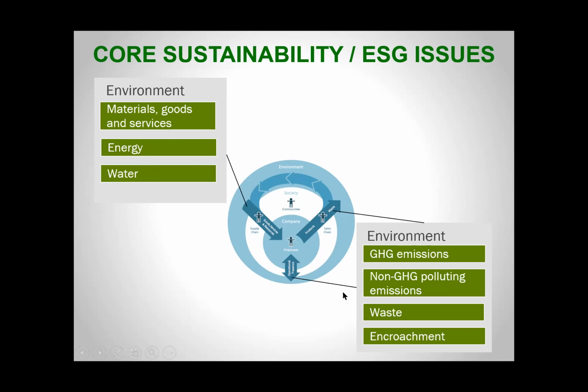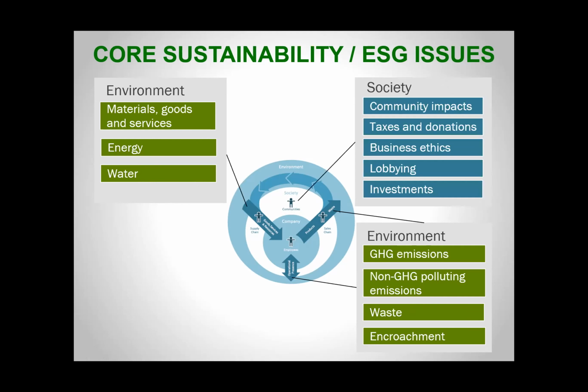And then it's going to be impacting the environment, not only from its operations, but at the end of life of the products, even during the use of the products, and the emissions that are being produced, the waste that's being produced, the encroachment from the company's operations. So that's how the 7 environmental issues are shown on the business model of the company. That's where they happen.